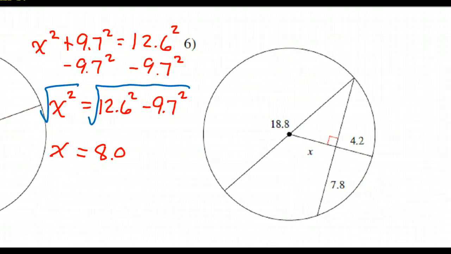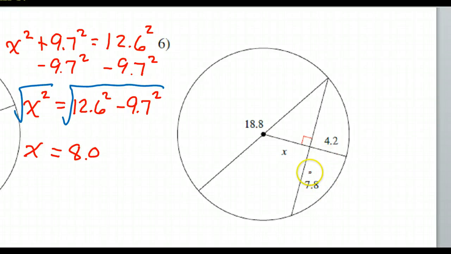Okay. Number 6. Let's see what's happening here. So that's 4.2. Same thing. Number 6 is pretty much the exact same problem. This 7.8, because this has to be a perpendicular bisector, if this is 7.8 over here, then this is going to be 7.8 over here as well.